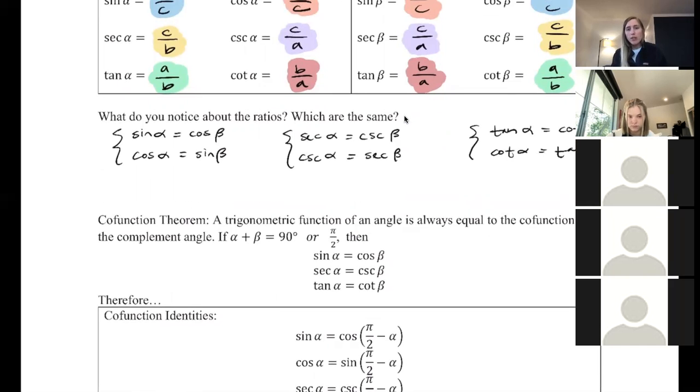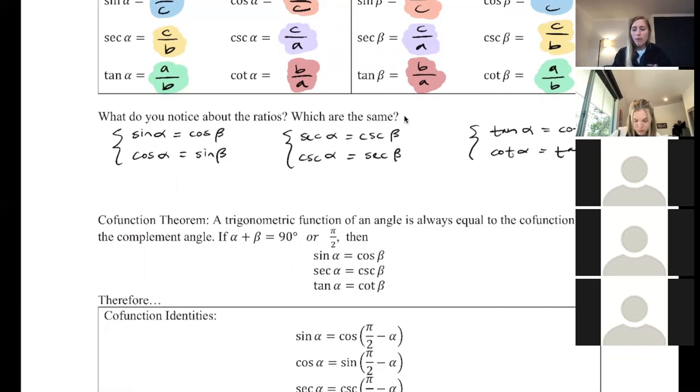A trigonometric function of an angle is always equal to the cofunction of the complement angle. And if you think back to geometry, complementary angles are two angles that sum to 90 degrees, or in radians, that would be pi over 2.